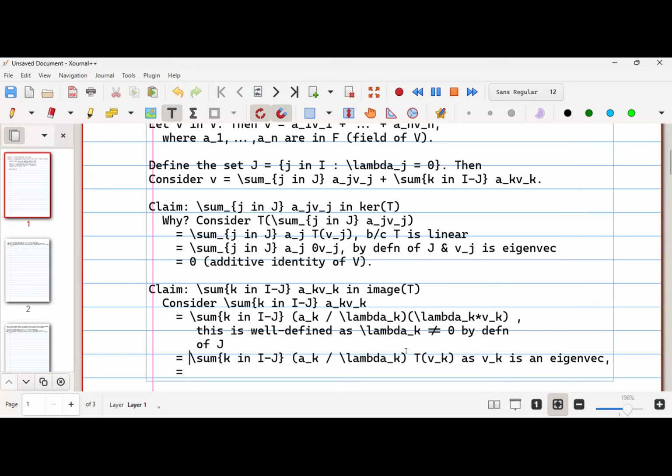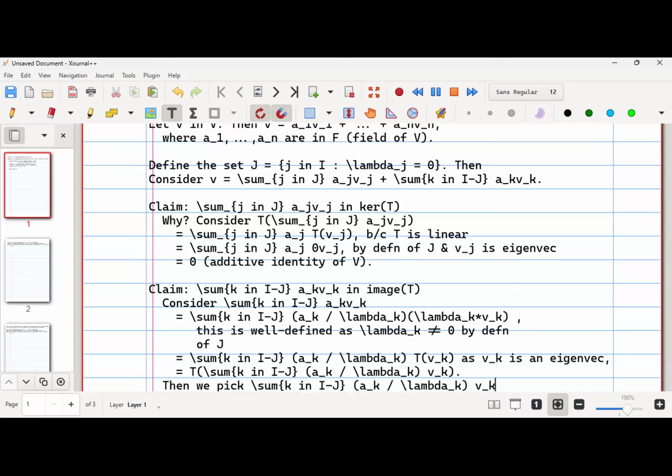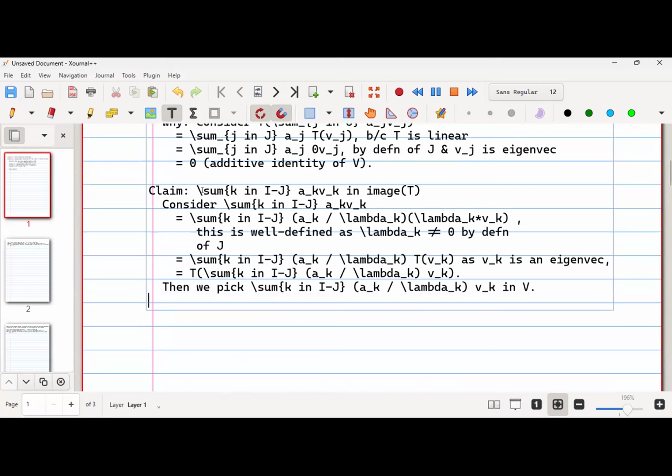And then finally, again, we just use linearity of T, and this entire thing is in the image of T. So we actually proved that this vector is contained in the image of T, right?